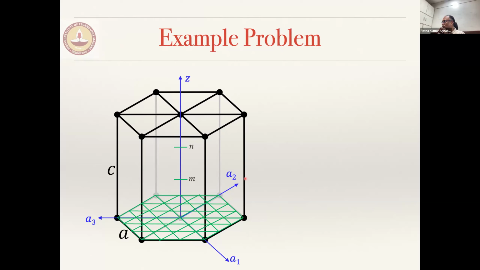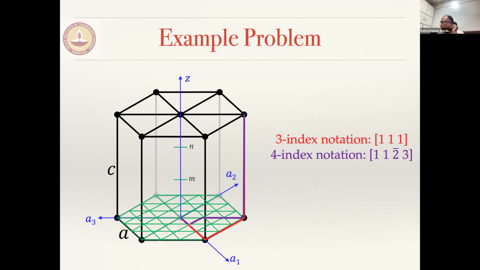And then 3 is 1/3, 2/3, and 3. 3 steps, so each step is 1/3. That's what it means. So 1, 1, 2 units in the negative direction, and 3 units positive. So I reached the same point. So the 3-index notation 1, 1, 1 is represented by 1, 1, 2 bar 3 in the 4-index notation.